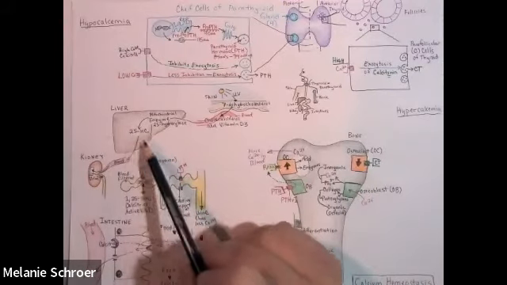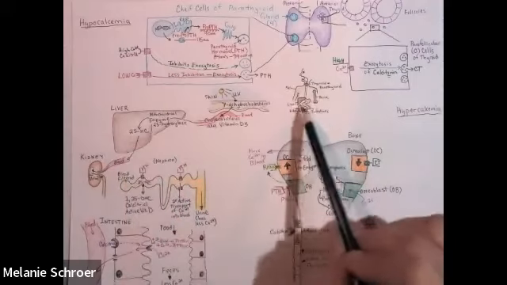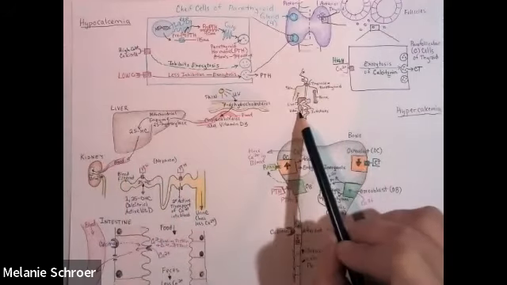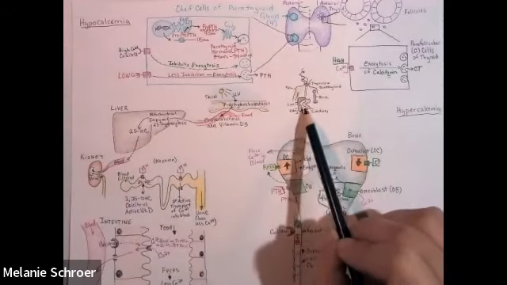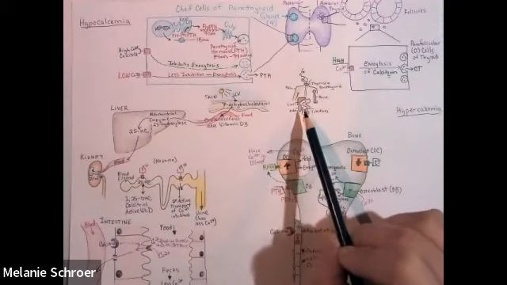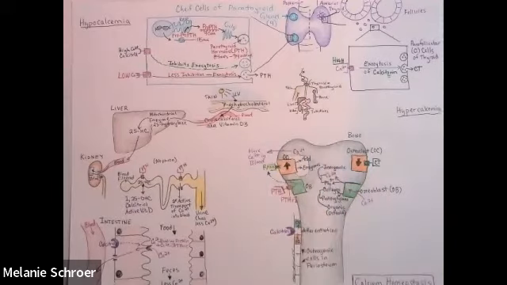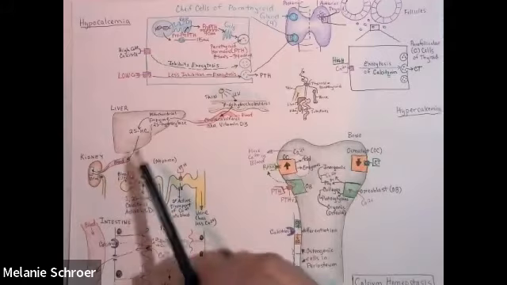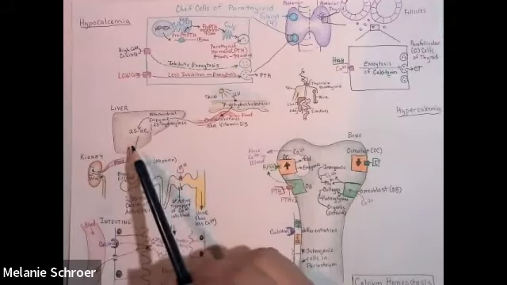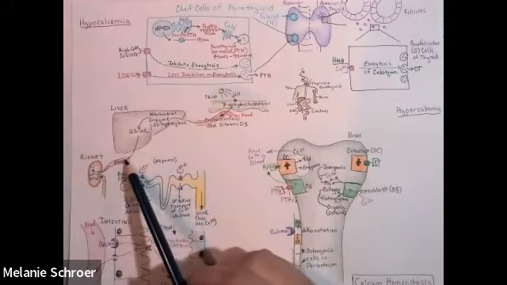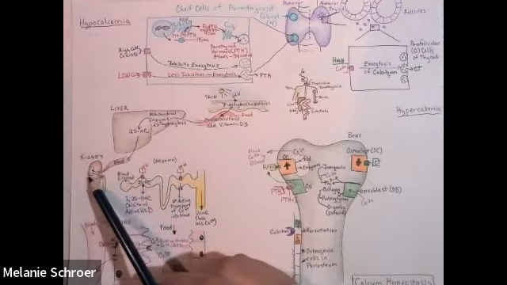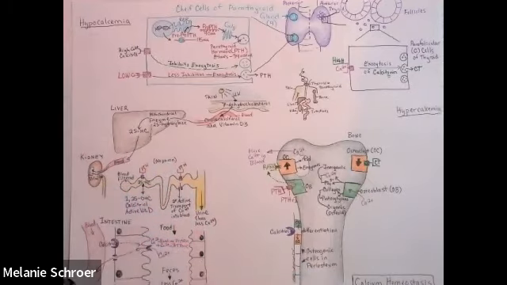And so it is going to be dumped back into the blood, again, circulating all throughout the body. When the kidney filters the blood, that's the kidney right here, it is going to produce the active form of vitamin D. Okay, so 25-HC is going to go into the blood, and the kidney is going to convert it.